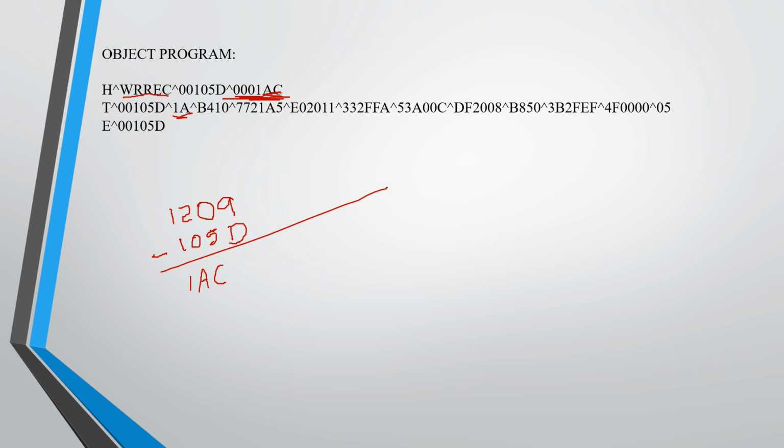In total there are 52 half-bytes in the object code, and we'll make it half, we'll get 26, and after converting it to hexadecimal we'll get 1A, which is written over here. And finally the end record, which again has the starting address of the program. Thank you.